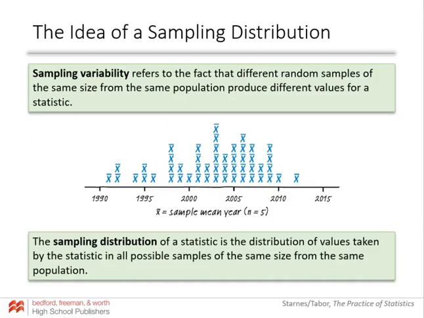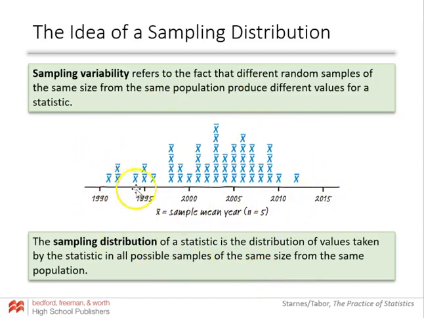So this is kind of an illustration of this. This is taking samples of 5 pennies and then recording the year that the pennies were made. This is called a sampling distribution. It is all of the possible samples that we could take from the same population. We have this group of pennies here.